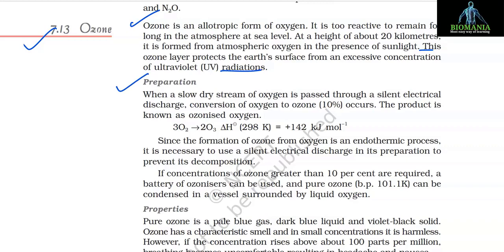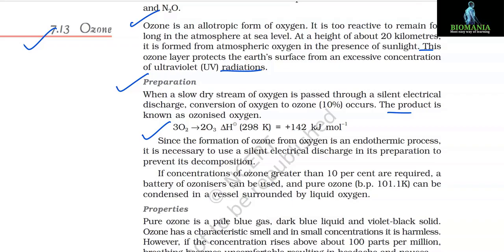Preparation. When a slow dry stream of oxygen is passed through a silent electrical discharge, conversion of oxygen to ozone of about 10% occurs. The product is known as ozonized oxygen. 3O2 gives out 2O3, where delta H at 298 Kelvin is equal to plus 142 kilojoule per mole.